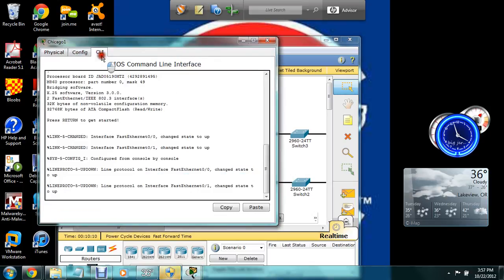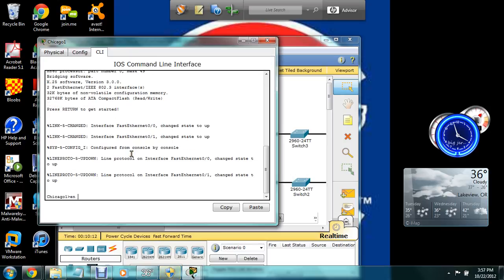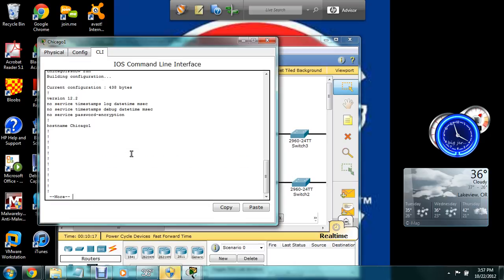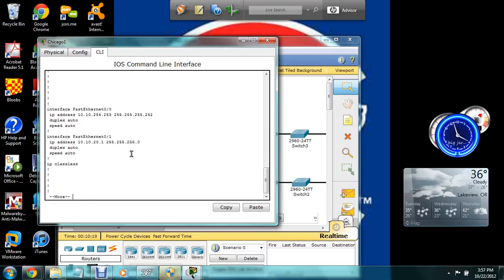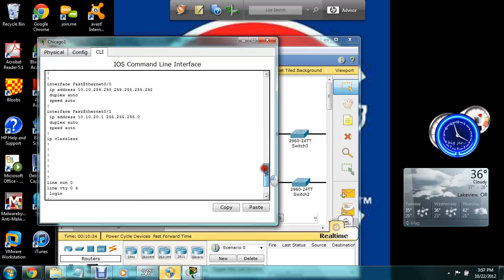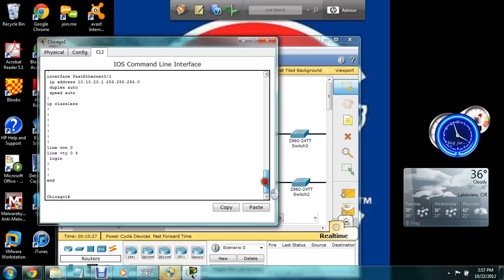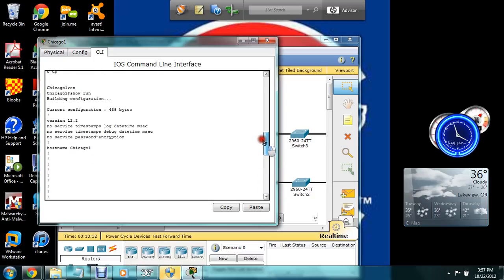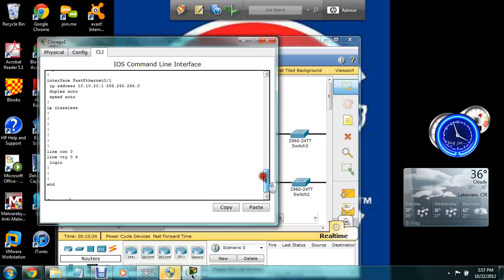Chicago 1 router needs to be set up as 10 as well.